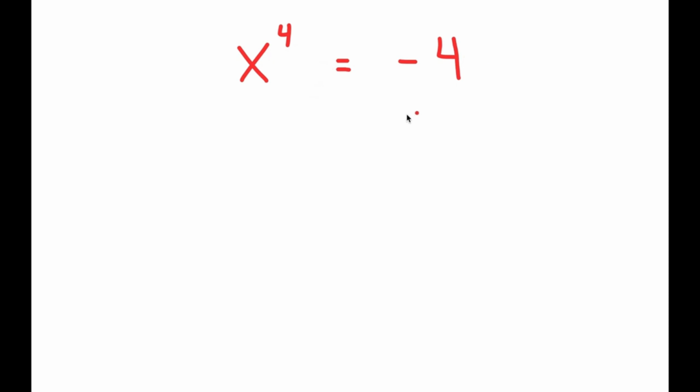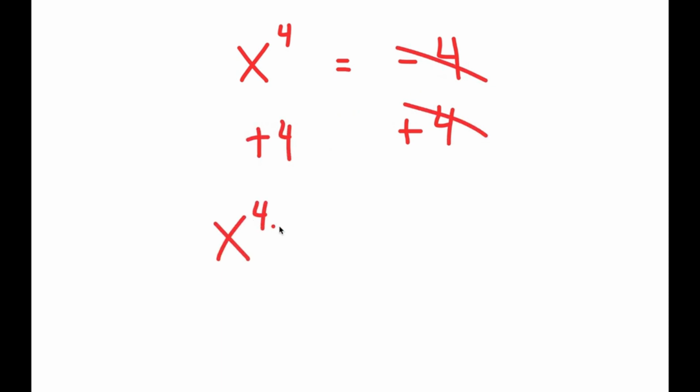So to solve this, I'm going to first start by adding 4 on both sides. So these two cancel out, and I get x to the power of 4 plus 4 is equal to 0.